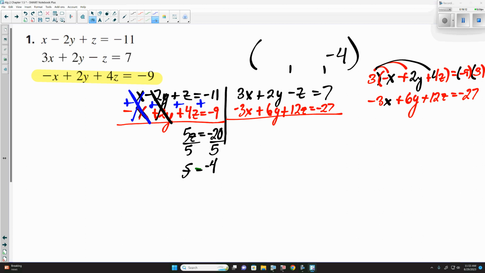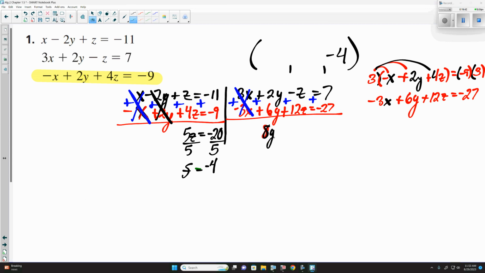Would we add or subtract these to get the x's to cancel? Add, because the signs are opposite, and we can double check it. 3x plus negative 3x. 3x minus 3x. 0. So they cancel out. And we'll add all the way across. 2y plus 6y is 2 plus 6 is 8.